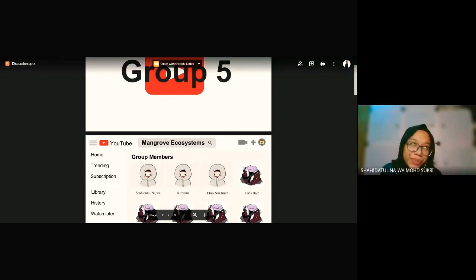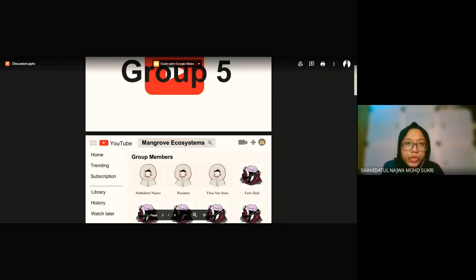For mine, I think we should state that mangrove has two different functions, which we can classify into mangrove goods or mangrove services.